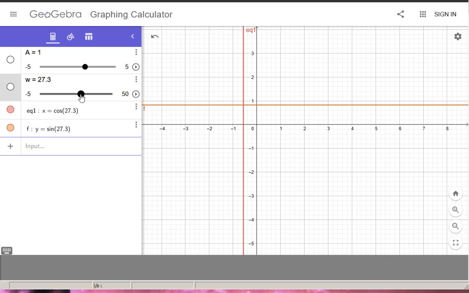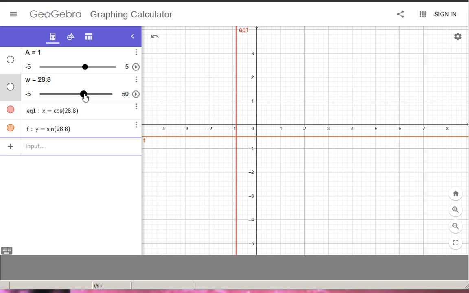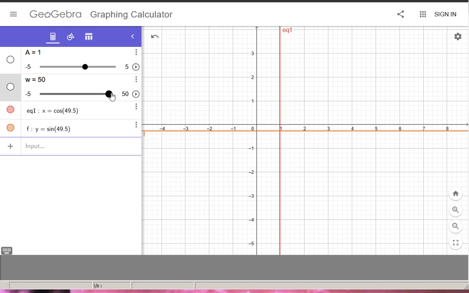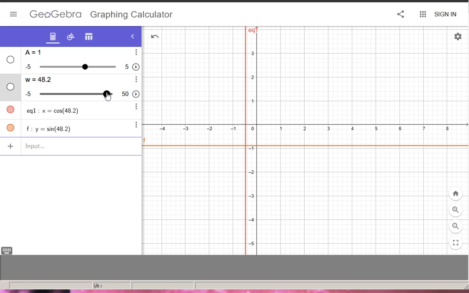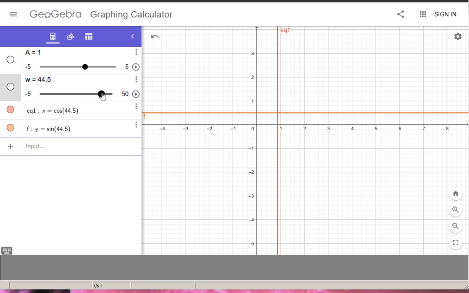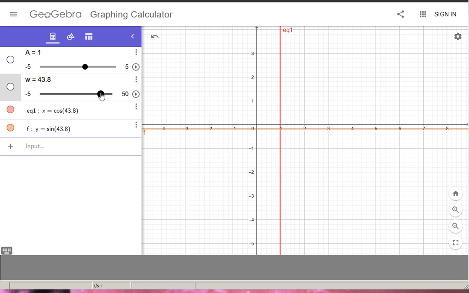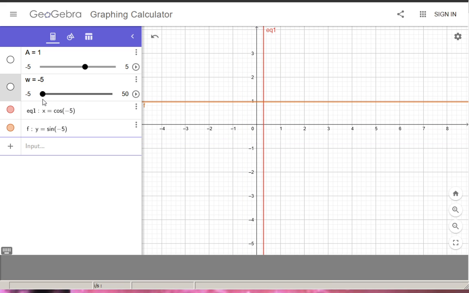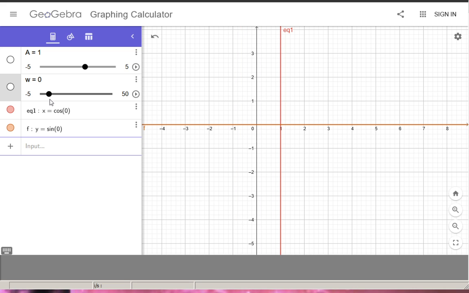See the value of 1? Sine of, well, whatever. It's going from 50. What is it actually plotting, though? I think it's just plotting equation 1.